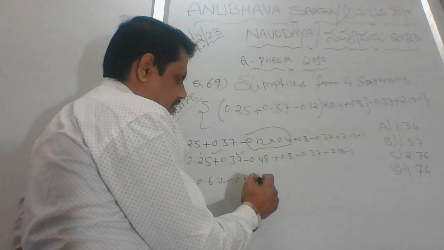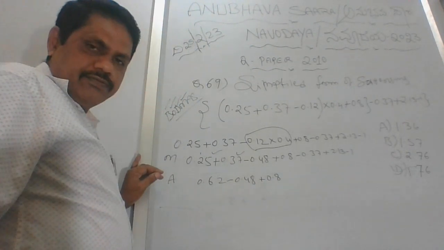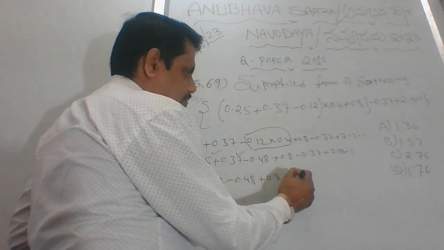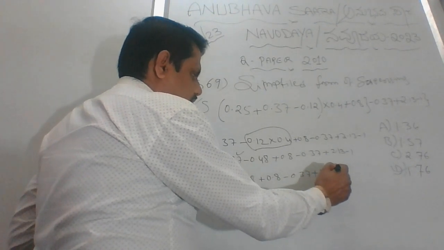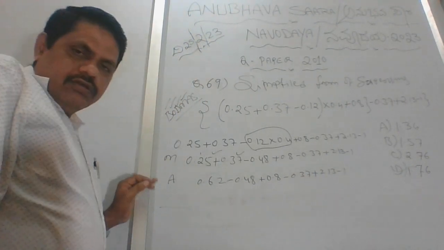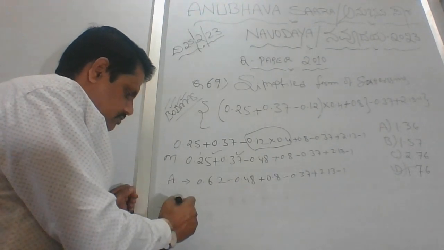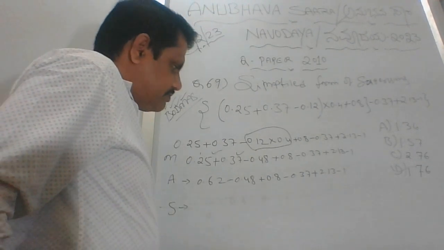So this is over, plus 0.8 minus 0.37 plus 2.13 minus 1. Now we'll go with the subtraction, because we cannot do addition here.